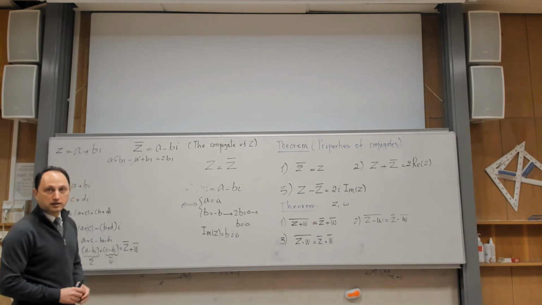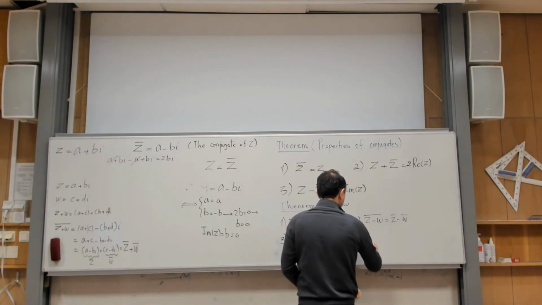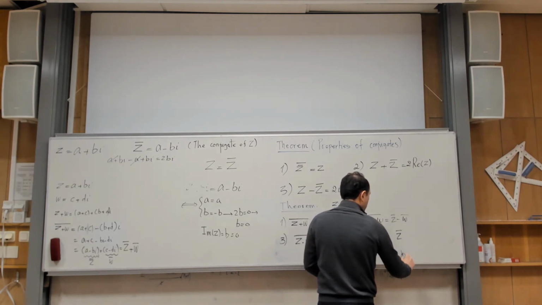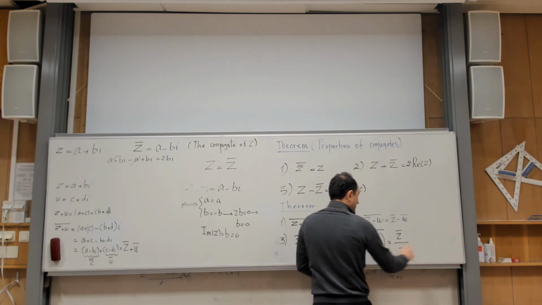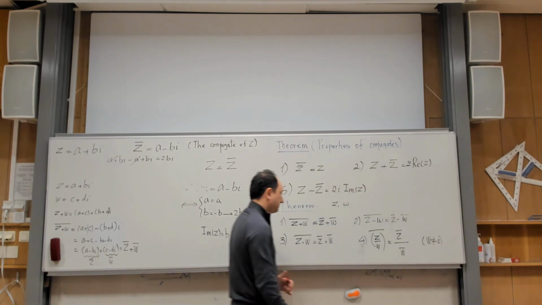We have to check it. And my question for division is also the same. If I have z over w and I want to bar it, can I bar the numerator and the denominator separately and then divide them? Of course, here I have to assume that w is not 0, otherwise the fraction is not defined.